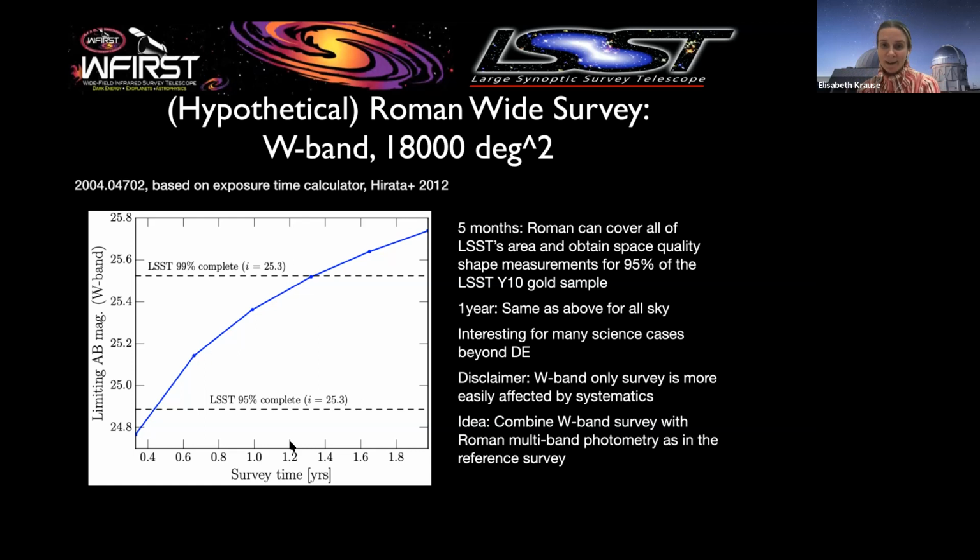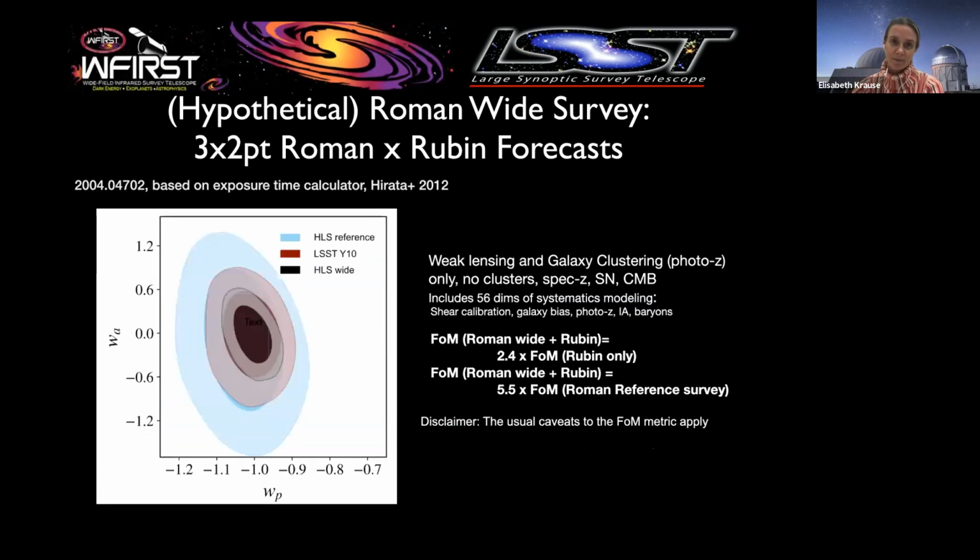And our idea now is that we would combine the W-band survey for space-based shapes with Rubin imaging for photometry and see how well we can do. So the comparison here is in blue, our High Latitude reference survey, the baseline forecast that I just showed you before.